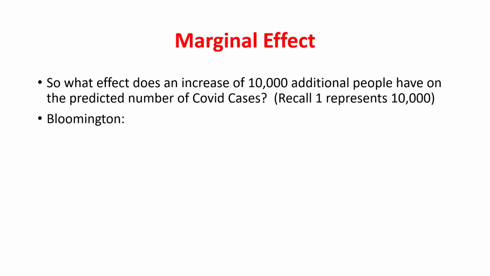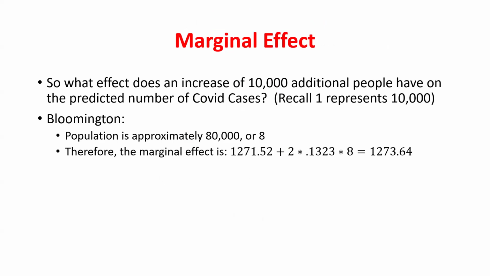So if I use those values and I want to ask, what's the predicted change in the number of COVID cases if the population of, say, Bloomington increases? Here, instead of 1 person, we had it scaled to represent 10,000 people. This is the example we left off on. So my marginal effect would be the coefficient on the linear term plus 2 times the coefficient on the square term times whatever hypothetical x value I want to make the predictions for.